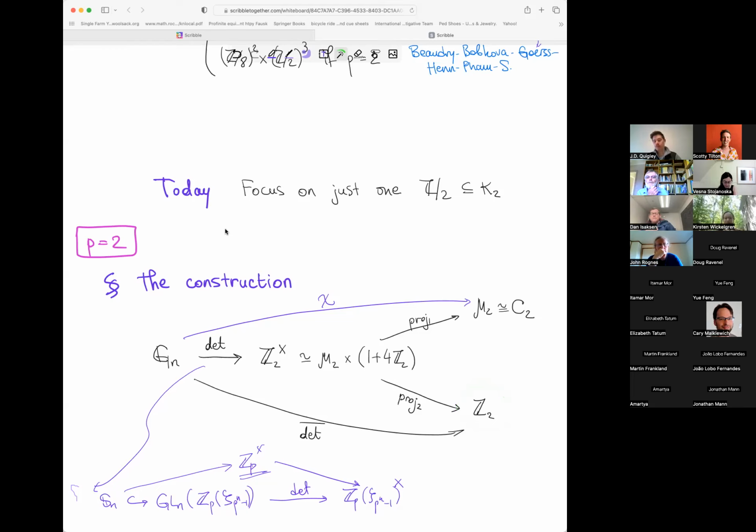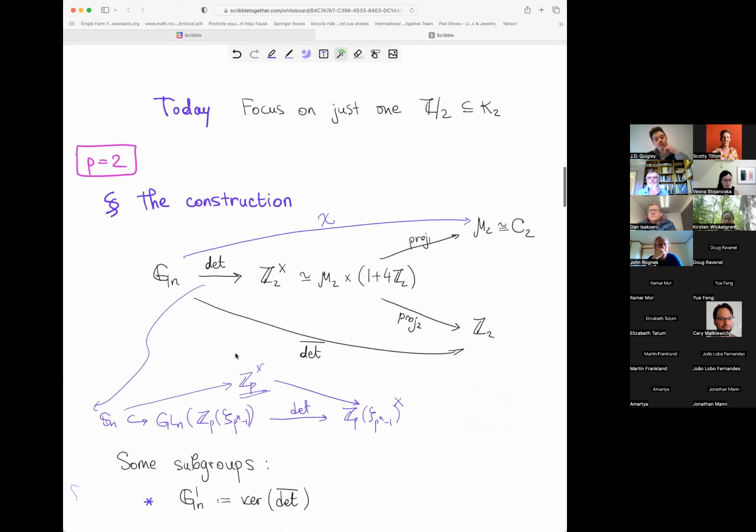And this bottom map here is called the reduced determinant, I believe. And there's a special name for the kernel of that map. It's called Gn upper 1.